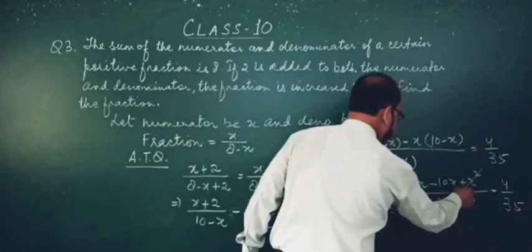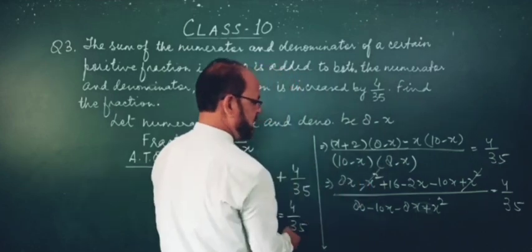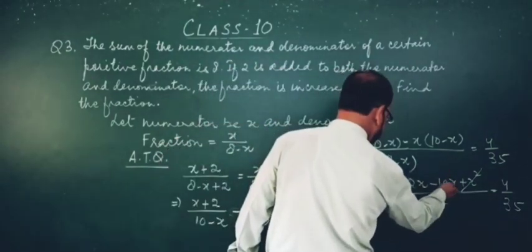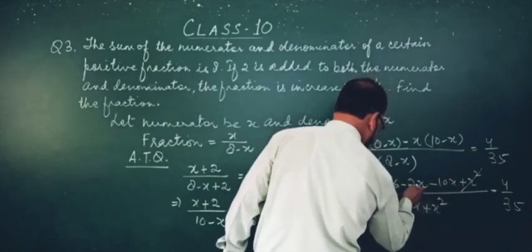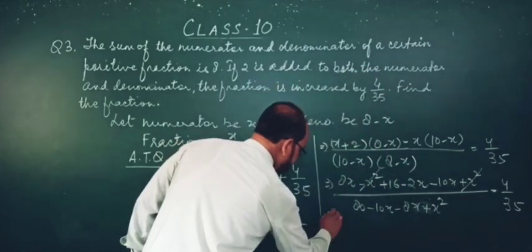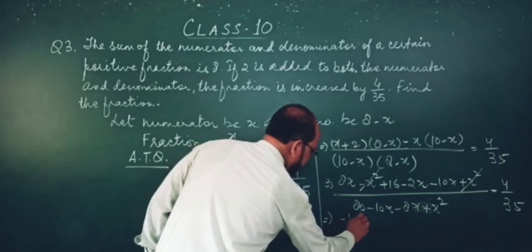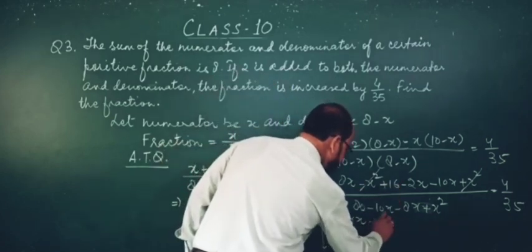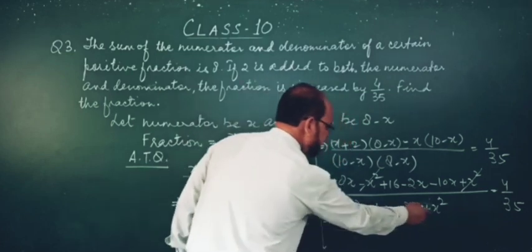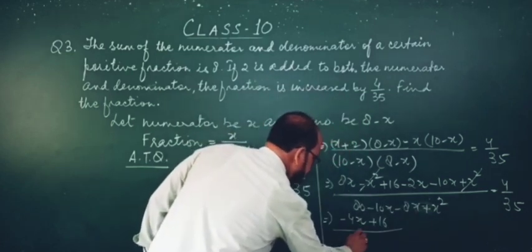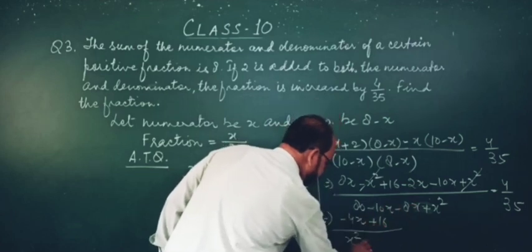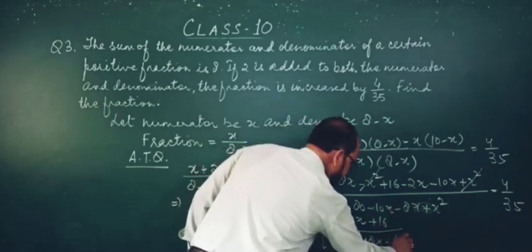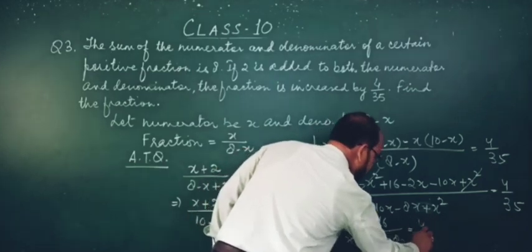With this positive x square, this negative x square will be cancelled out, and negative 10x and negative 2x will be negative 12x, and positive 8x, so your answer will be negative 4x plus 16 upon x square, 10 and 8 both having negative sign, it will be negative 18x plus 80 equals 4 upon 35.